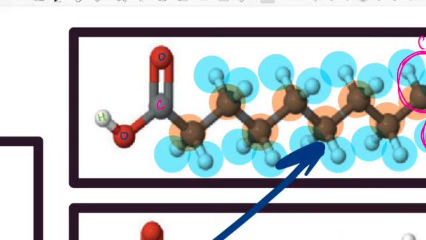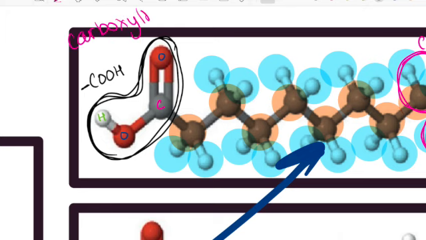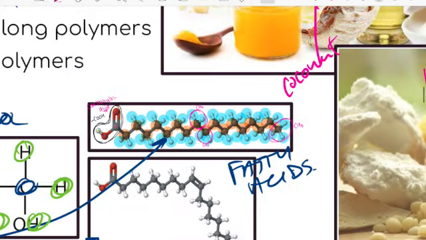So we could write this as a COOH group, and we often do. At the end of this molecule, this is the COOH group, which you can also write as a carboxylic acid. Because it's a carboxylic acid, we call this a fatty acid.